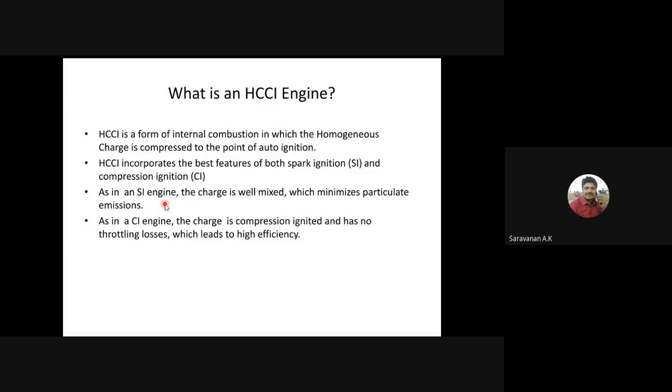So the CI engine uses a heterogeneous mixture. In CI engines the heterogeneous fuel and air supply will be there.